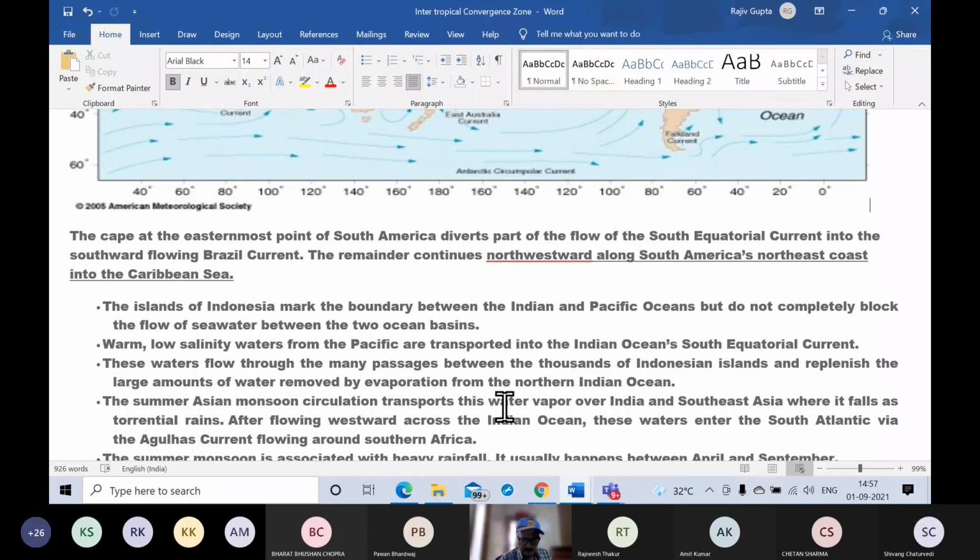Because there are many passages in the islands of Indonesia, waters do flow through them. But then it also results in evaporation, and this has to be replenished by large amounts of water from other parts of the northern Indian Ocean. This also brings about what is called the monsoon.